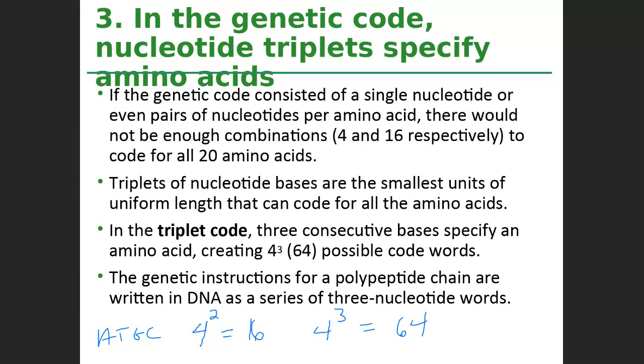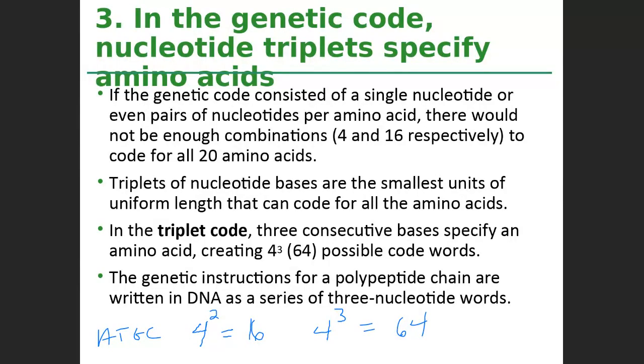So if we take our 4 nucleotides and we put them into groups of 3, we get 64 different combinations, way more than is needed. But when you have just 4 nucleotides to work with, groups of 3 is the minimum number needed to get at least 20 unique combinations, plus a few extra for start and stop.